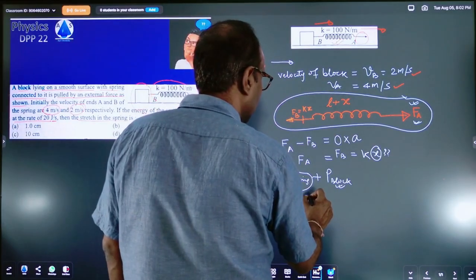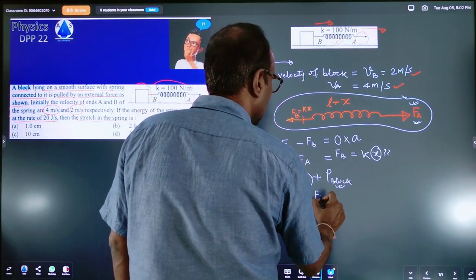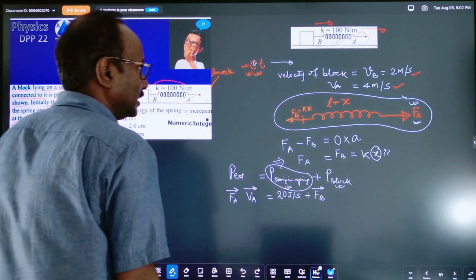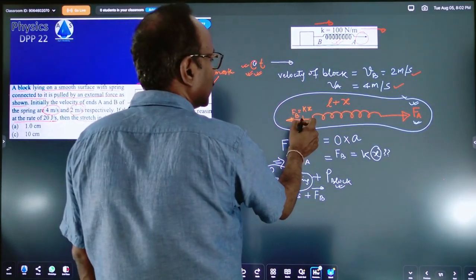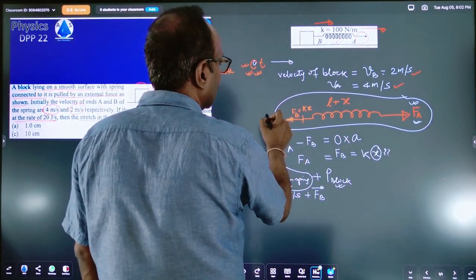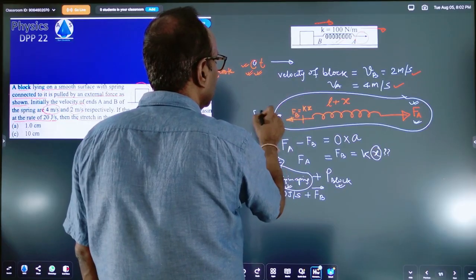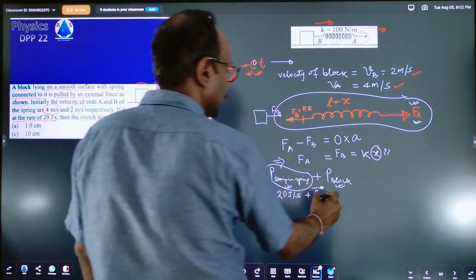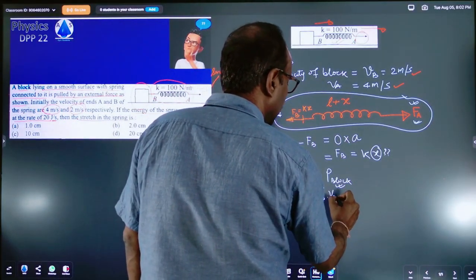Power delivered to the block is the force acting on the block. Since on the spring it is FB, the equal and opposite force on the block will be FB in this direction, FB dot VB.